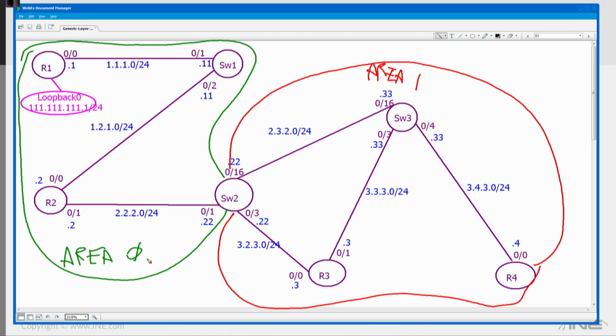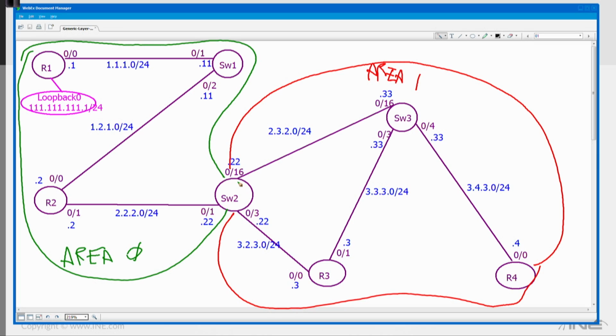Okay, so which routers in this diagram are OSPF internal routers? Well, hopefully you said every single device except for switch 2. Switch 2 is the only device in this particular case that has some links in one area and some links in another area. So switch 2 is not an internal router. All these other routers are internal routers.